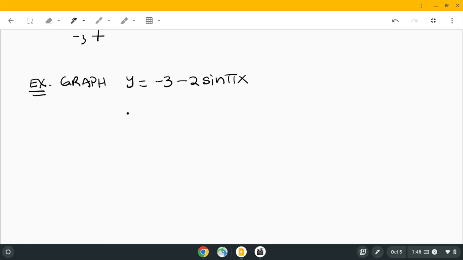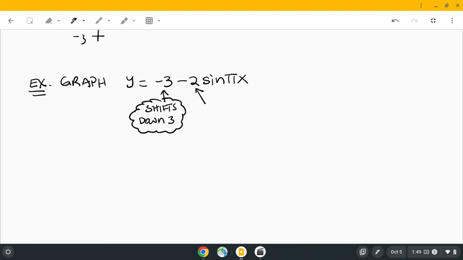All right, so let's take a look and see what each of these things do to the graph. We know this one shifts the graph, and since it's -3, it'll shift it down 3. Okay, so we know that.